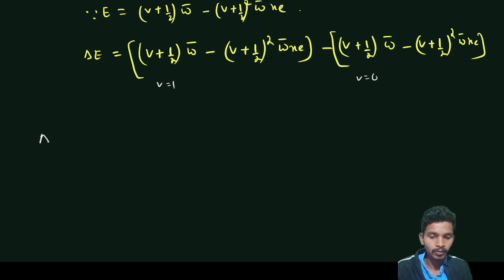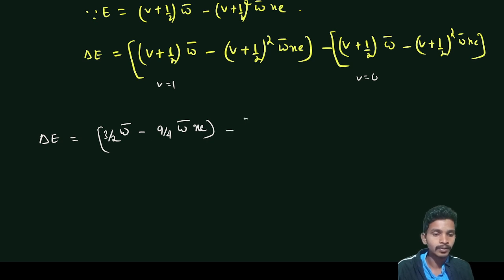Whenever I put v equal to 1, this will become 3 upon 2 omega, because of the 1 also, that is 3 by 2 omega, minus the square of it, that is 9 upon 4 omega xe.